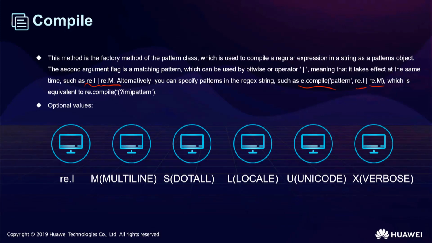re.I will ignore the case, and re.M means the multi-line mode changes the behavior of the anchors. re.S is the dot-all match mode, which changes the behavior of the dot. re.L makes the predefined character classes depend on the setting of the locale, and re.U makes the predefined character classes depend on the character properties defined by Unicode.